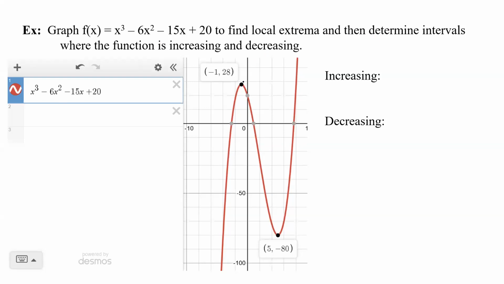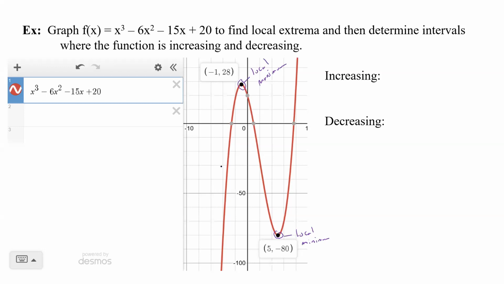So this is going to be a local maximum. And if you notice this, that's going to be a local minimum, okay? And so that means it's going to be increasing up to the point of that local maxima.